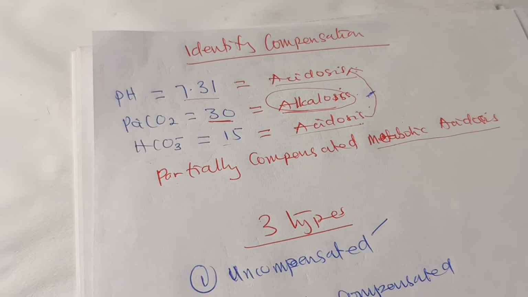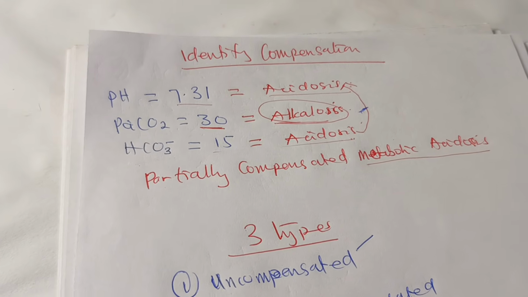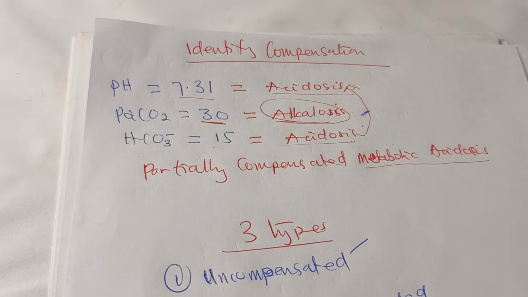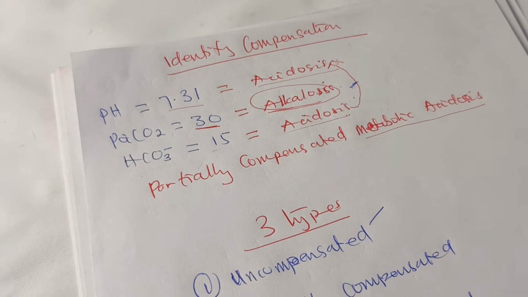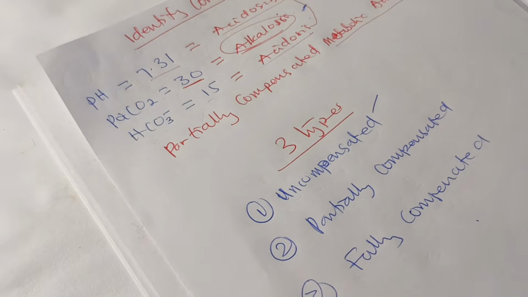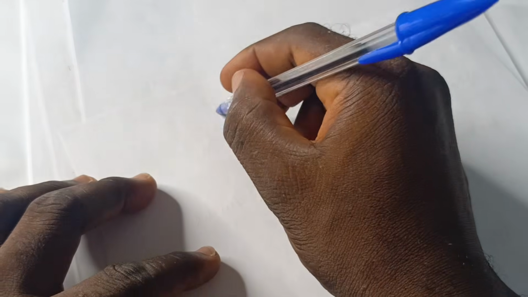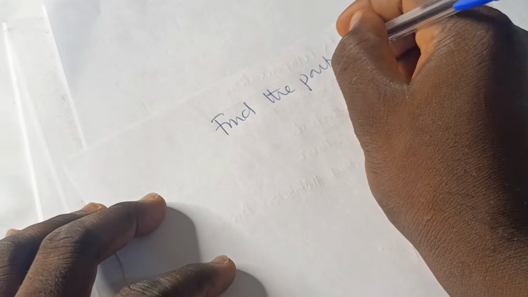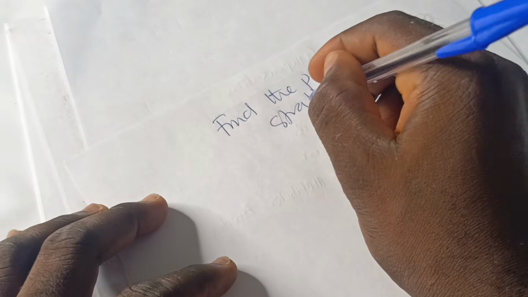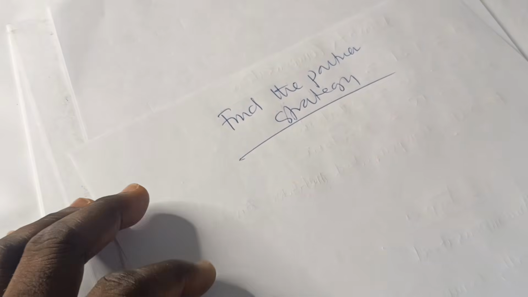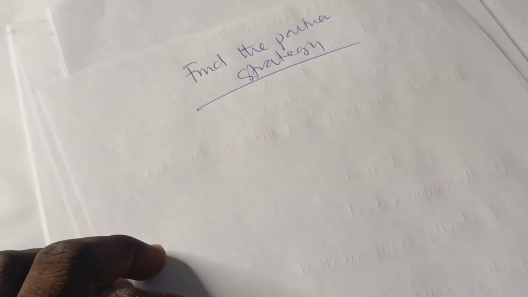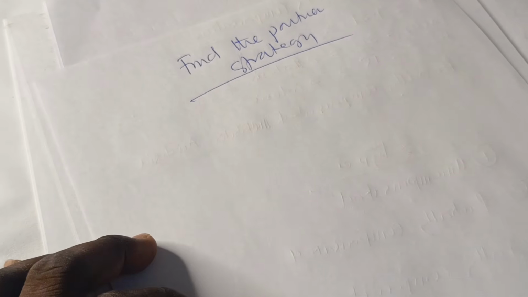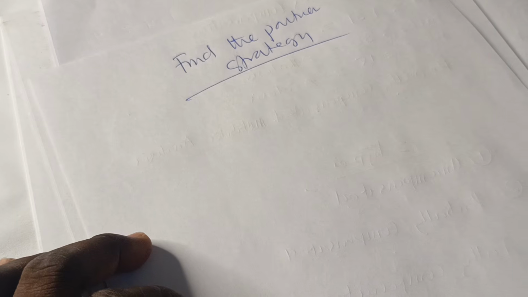So when you are interpreting the pH, we use something called the finding the partner strategy. Okay, finding the partner strategy. So when you are interpreting the ABG, the pH is looking for its partner.